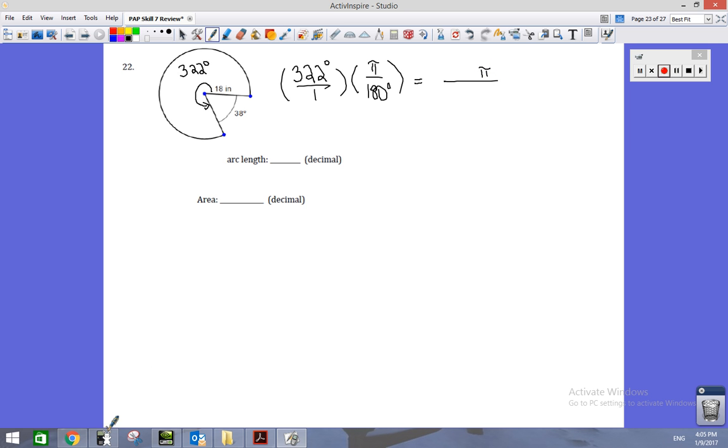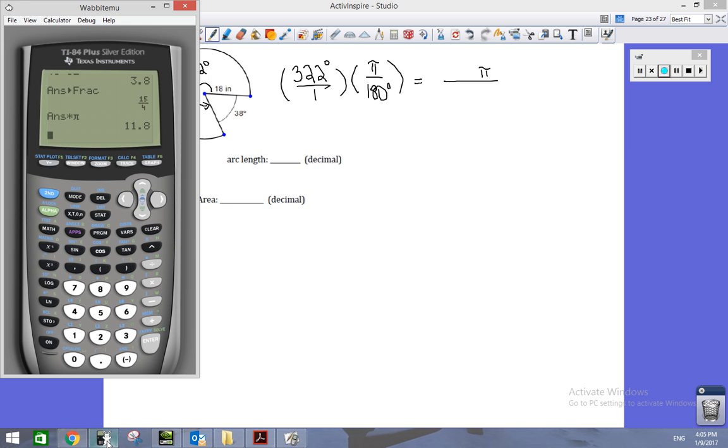So let's let the calculator do the work. Take 322 on this graphing calculator, divide it by 180, get this decimal number, go into math, go to frac, which is fraction, and it'll convert that decimal answer to a fraction: 161 over 90.